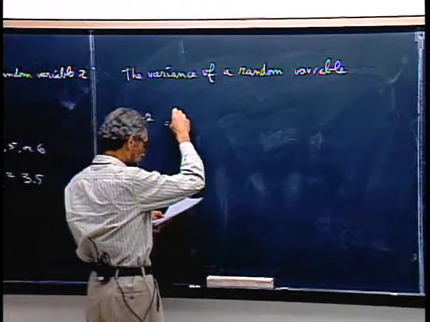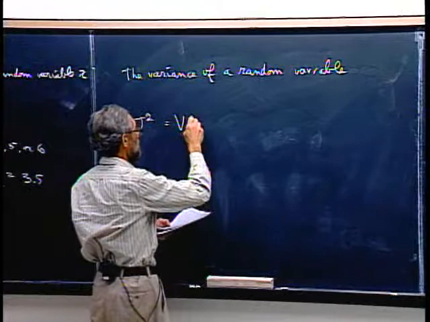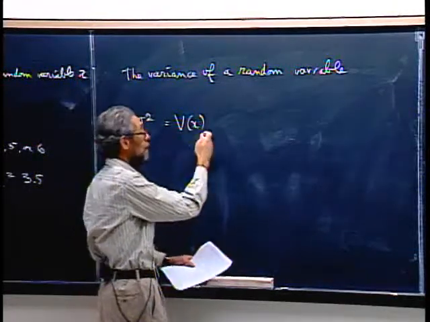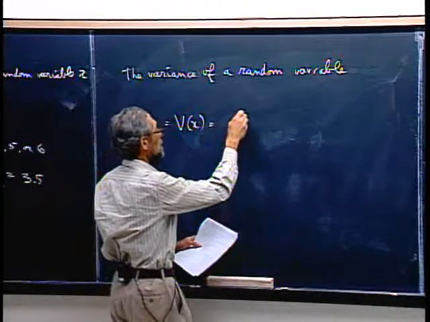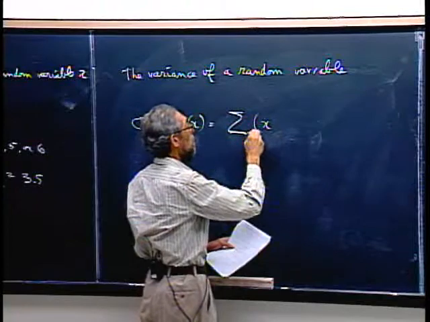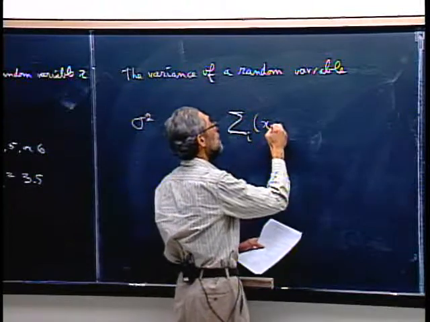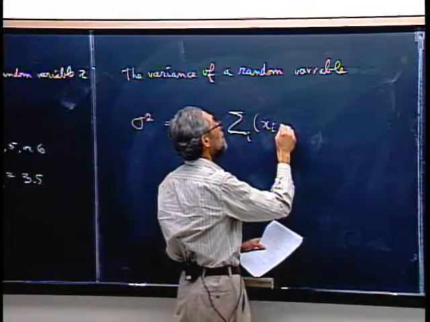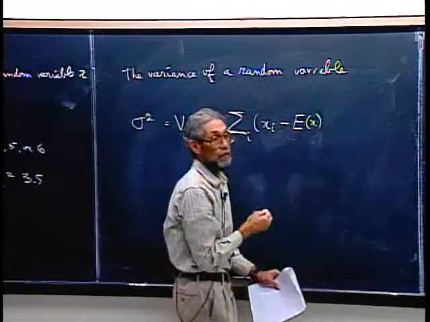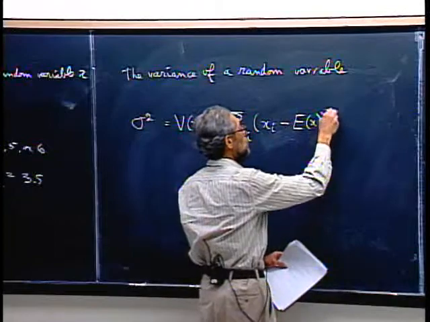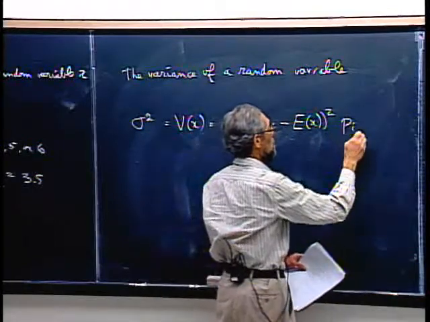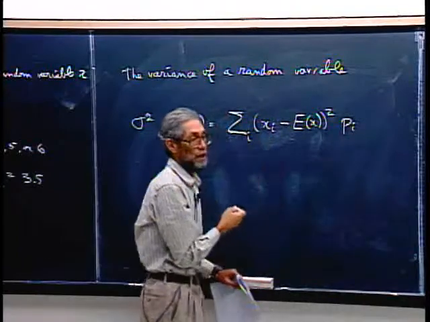the variance. Sometimes I see Var of x instead of capital V, instead of capital E. And what that is then is the sum over all possible outcomes of the value of xi minus the expected value of x, this mean value, the 3.5 we had, squared, multiplied by the probability of that particular event.